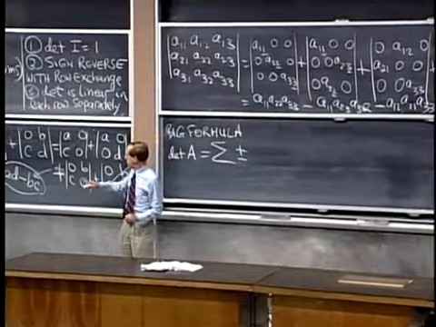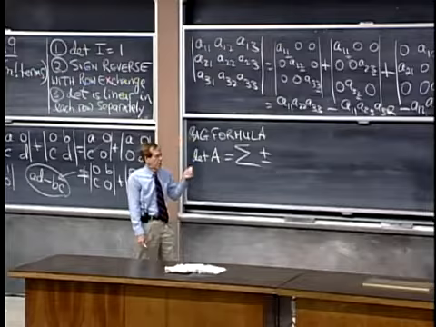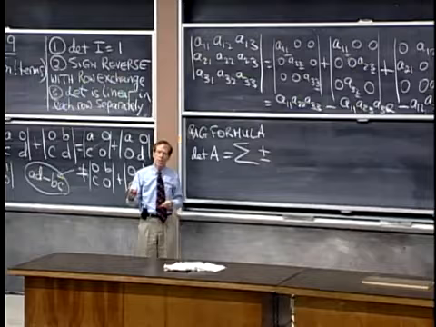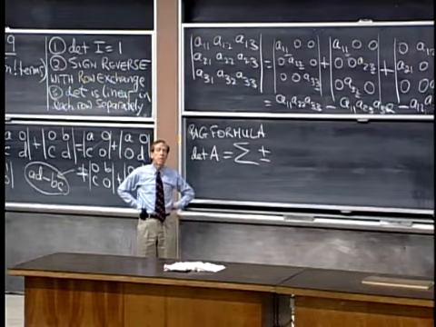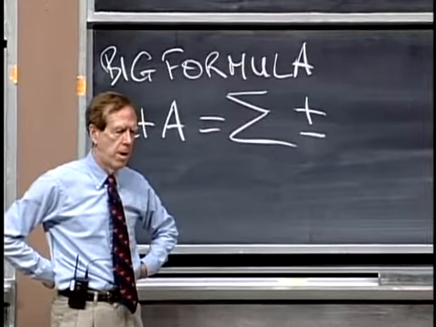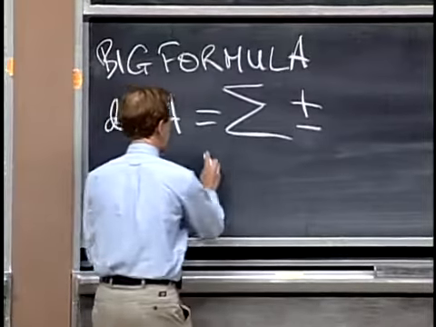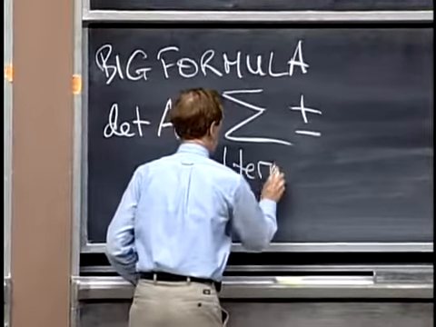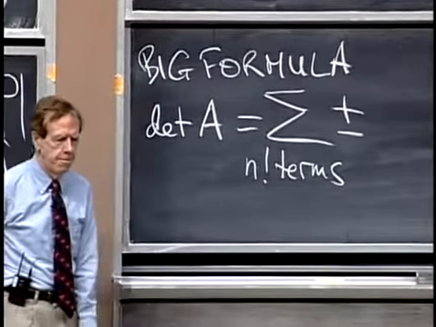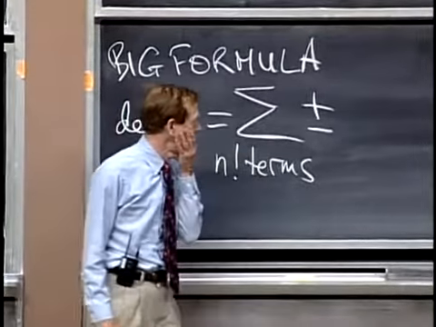If I get 2 terms in the 2x2 case, 6 terms in the 3x3 case, what's that pattern? How many terms in the 4x4 case? 24. 4 factorial. Why 4 factorial? This would be a sum of n factorial terms. 24, 120, 720, whatever is after that. Okay. Half plus and half minus.